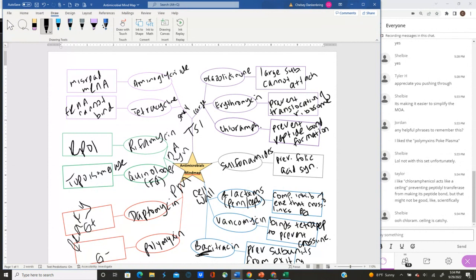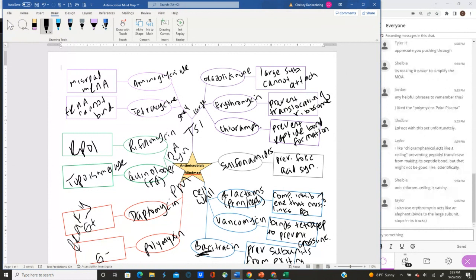Okay, so bacteria are different than us, well, in a lot of ways, but for this conversation, bacteria make their own folic acid. Folic acid is a really important precursor molecule for making DNA, RNA, proteins, all the things.